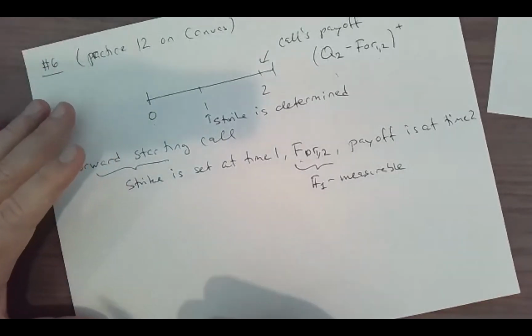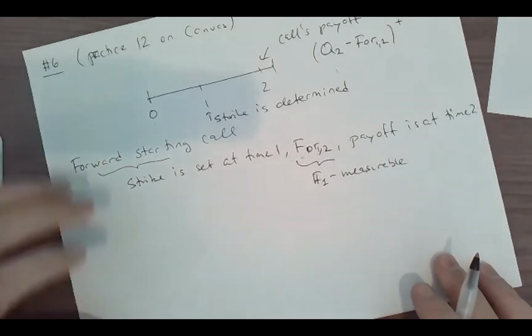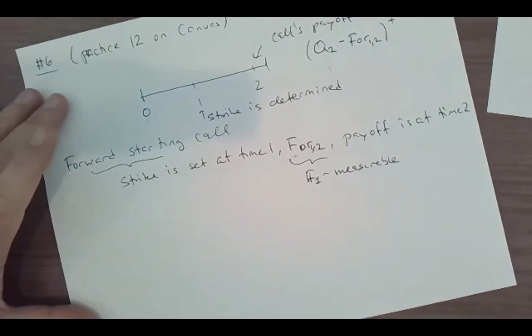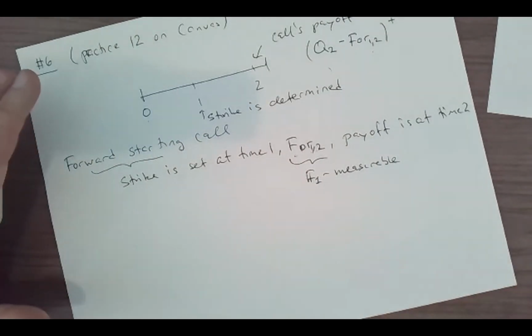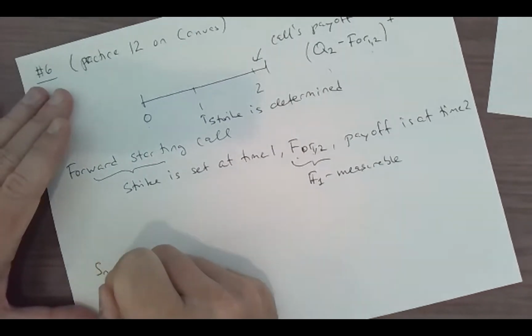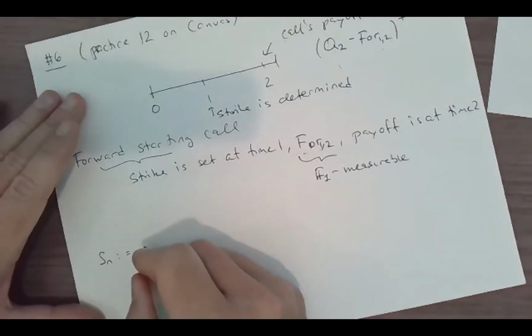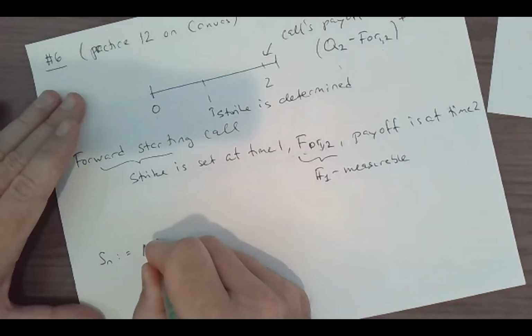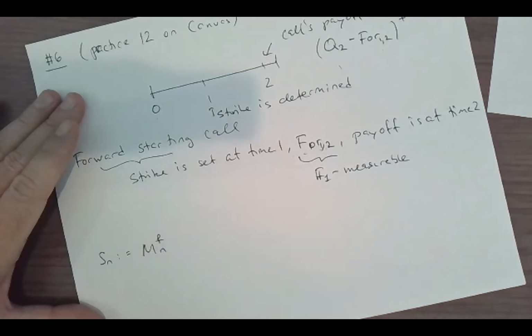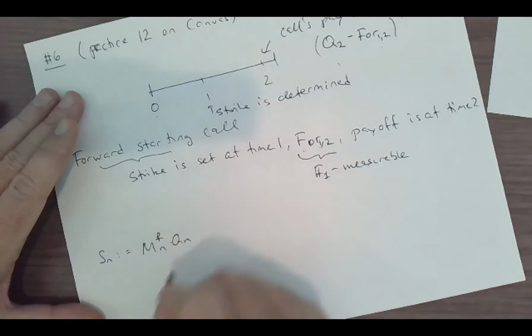The first thing we could do is figure out the martingale properties, because we always need them. We have our Sn, the risky security. This is the foreign bank account converted into US dollars.